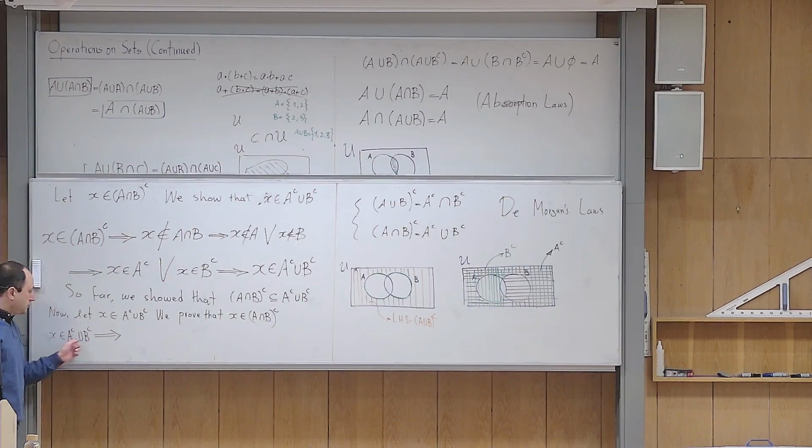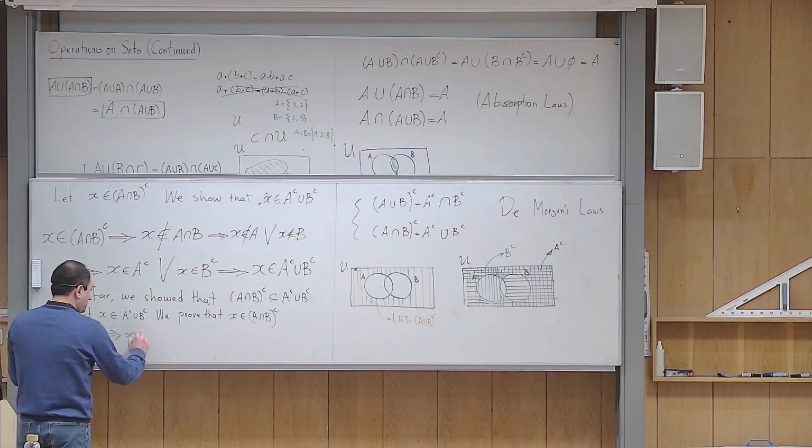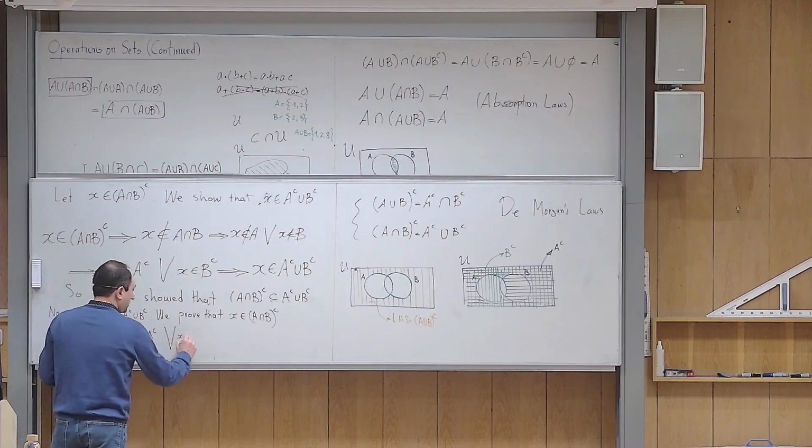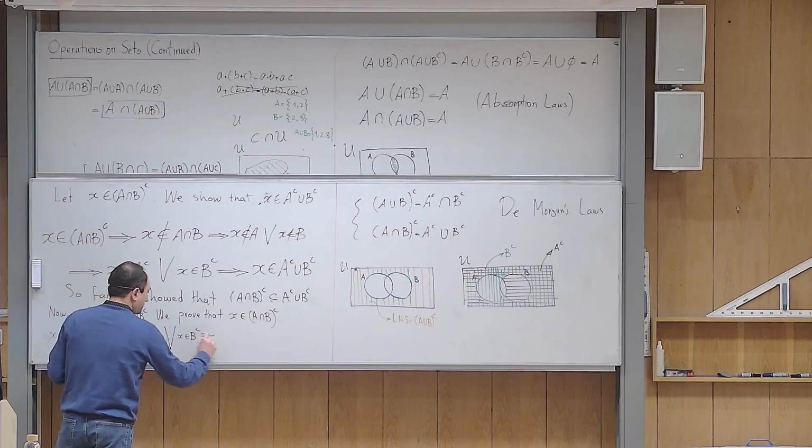It means X belongs to the first one or the second one. If someone asks you why, you would say that is exactly the definition of the union. So X belongs to A complement or X belongs to B complement. So don't jump to draw conclusions.